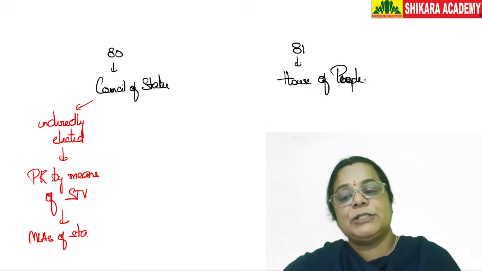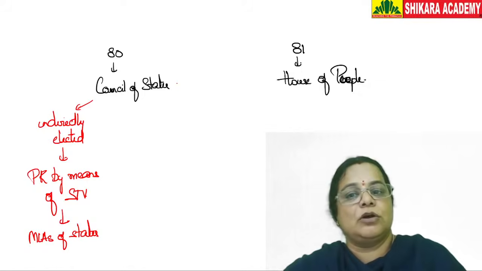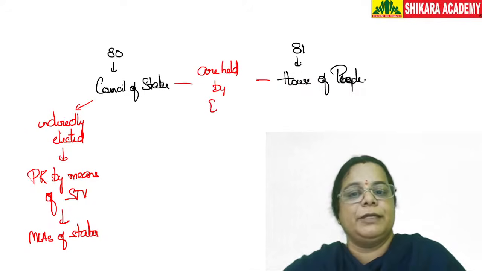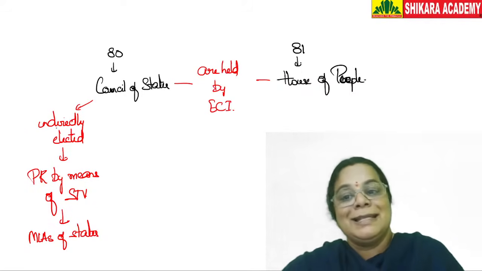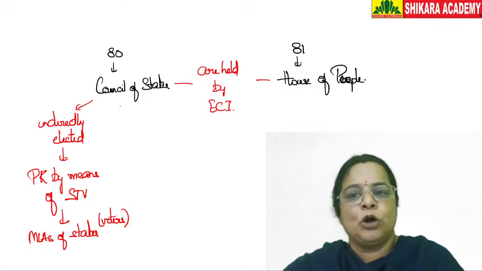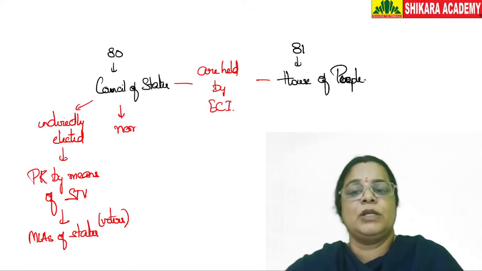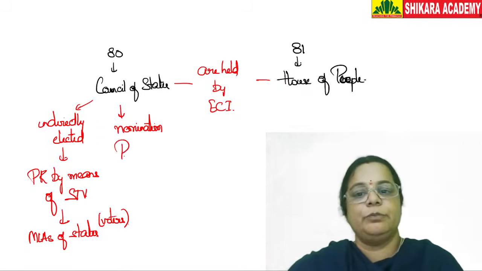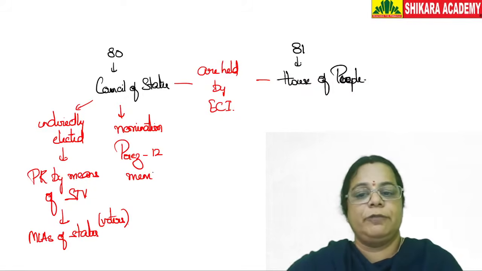Remember, the elections for both the Council of States and House of People are held by the Election Commission of India. However, this is indirectly elected. The voters are the MLAs of states, and it also has a nomination system. Twelve members can be nominated from four fields. The President will nominate 12 members from four fields.